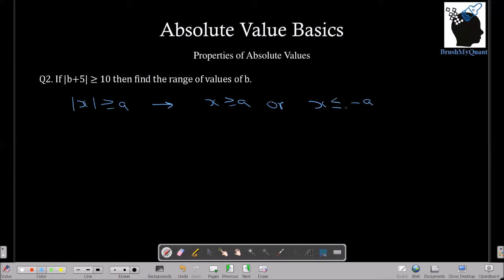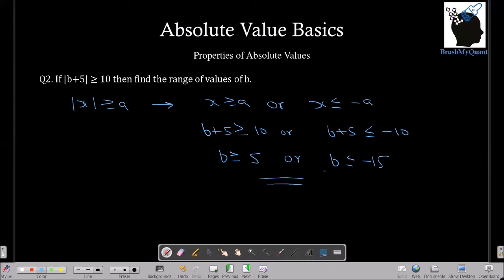That means b plus 5 can be greater than or equal to 10 or b plus 5 can be less than or equal to minus 10, which is nothing but b is greater than or equal to 5 or b is less than or equal to minus 15. So these are the two possible solution ranges for which this absolute value will be satisfied.